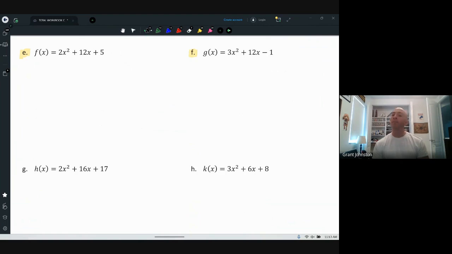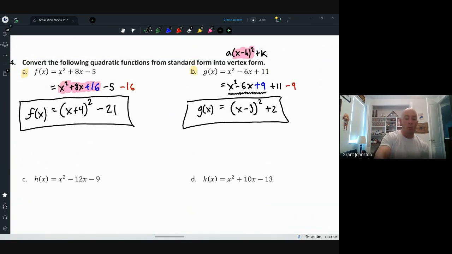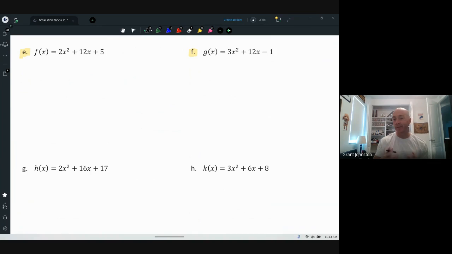We only were able to complete the square when that leading coefficient is 1. Notice on A and B, it was just a 1x squared. This doesn't quite have that, so I'm going to factor a little bit first.